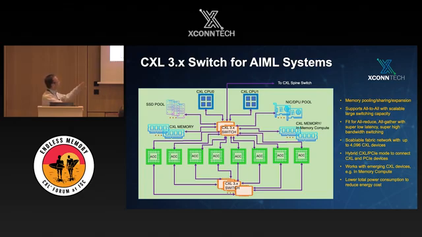People also talk about CXL memory and in-memory computing. I think this makes a lot of sense, because all these all-reduce or all-gather computations are really just in-memory compute. That would be a good fit. So our switch would be able to support all this, and the switch is also able to support up to 496 nodes for CXL 3.x devices.